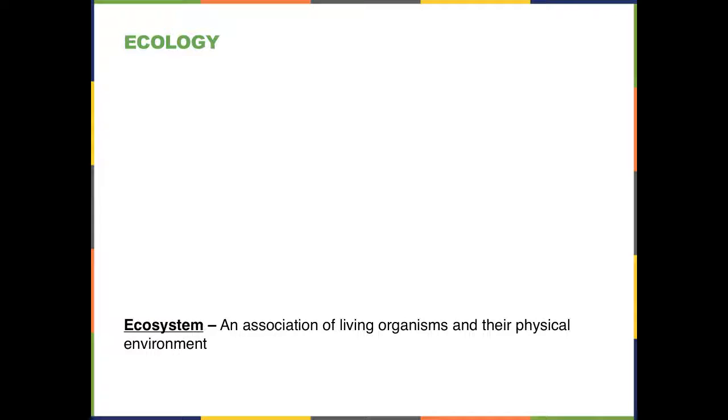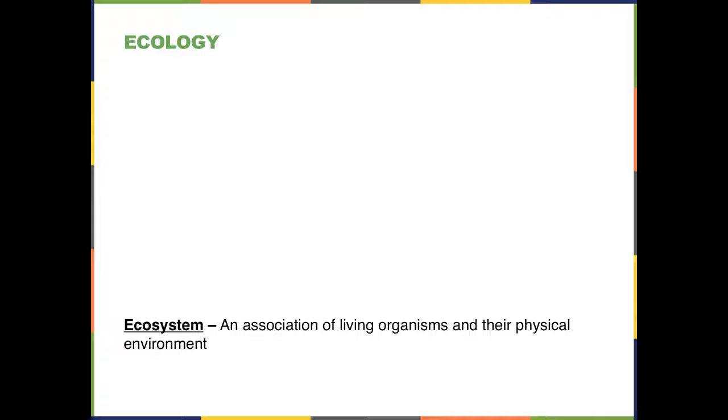Now, as we expand our discussion to greater and greater areas of understanding, we have to understand what the idea of an ecosystem is. I know when I was in high school, we didn't talk in terms of an ecosystem, but nowadays it's common to hear this term thrown around.